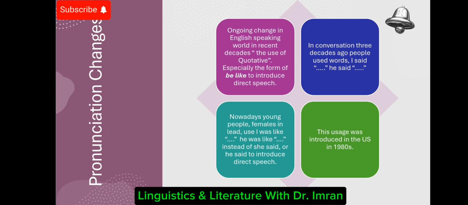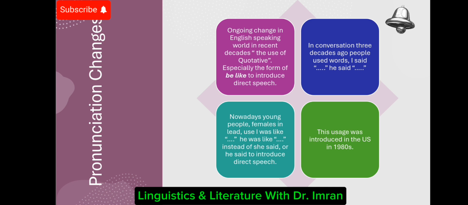But in the later 1980s, what happened? Young Americans started to use the structure be like instead of he said and she said. So Americans in the later 1980s said, instead of he says, he is like. She says, she is like. He said, he was like. She said, she was like.